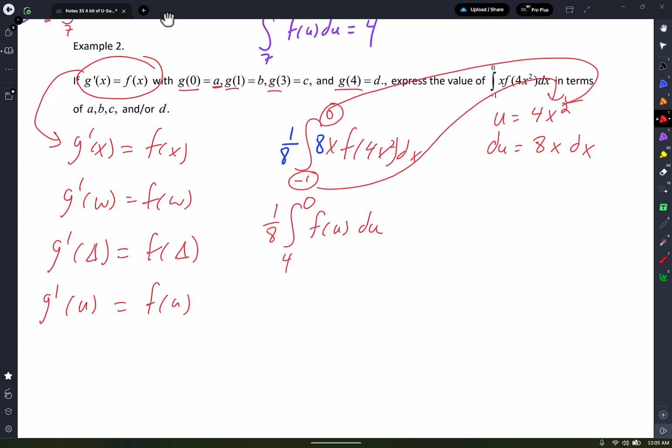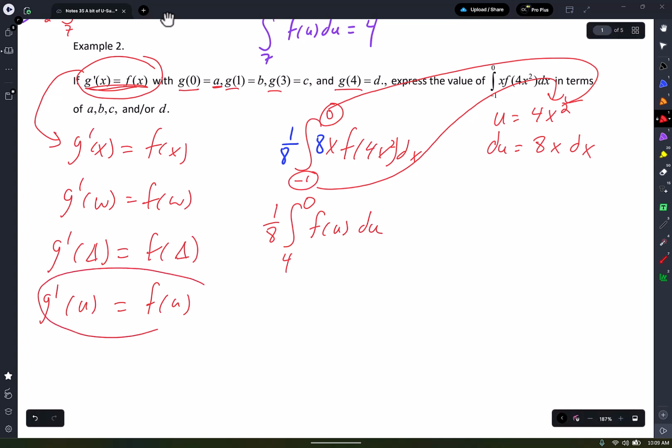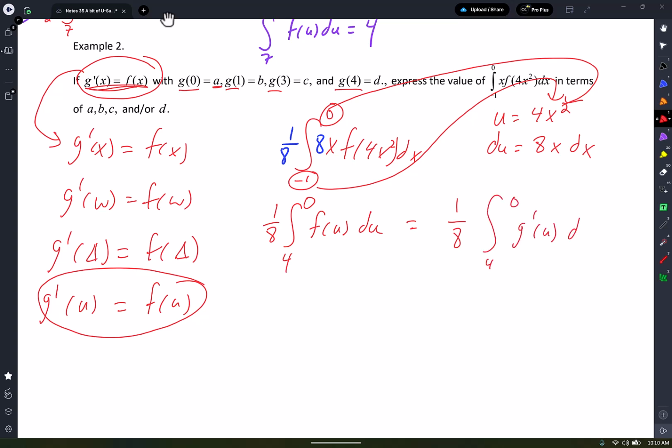All right. Notice that what I have up here, look at this right here. I can rewrite this and write it like this. 1/8. Look what it says. f of u is equal to what? Integral 4 to 0 of g prime of u du. Are we okay so far?